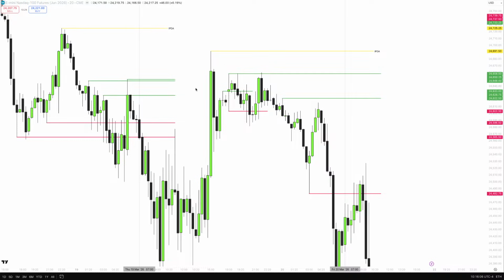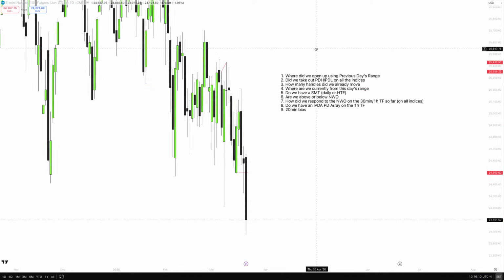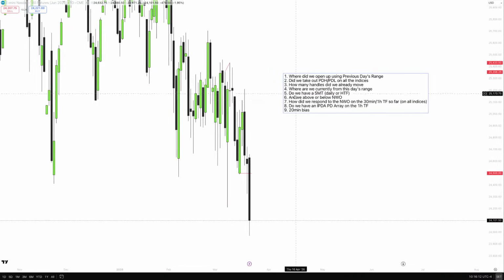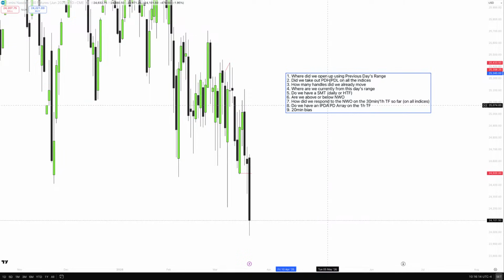All right. So this is point number 9 I'm considering when I determine the bias. There are 2 more points I'm considering when I determine the bias.